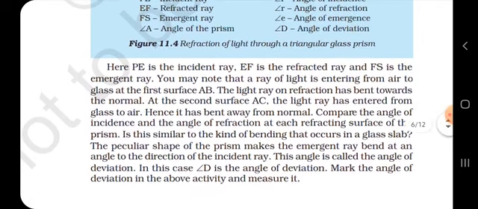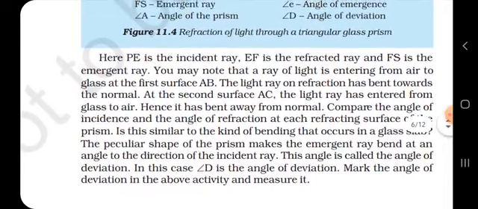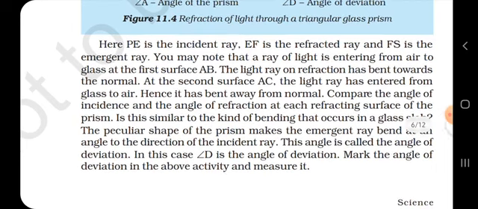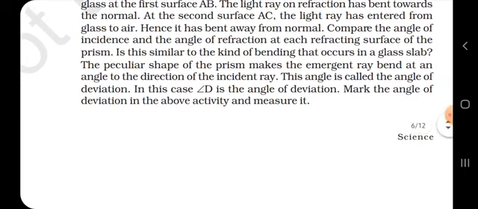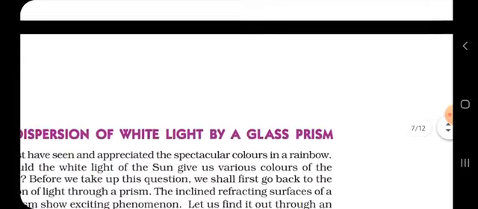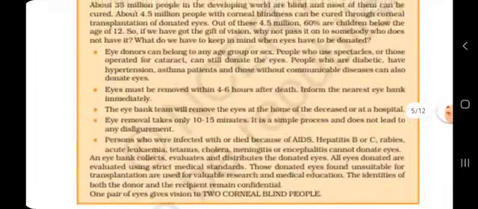It is written over here that the peculiar shape of the prism makes the emergent ray bend at an angle to the direction of the incident ray, and this angle is called the angle of deviation. In this case, angle D is the angle of deviation. Mark the angle of deviation in the above activity and measure it. I hope, students, you are clear with all these things.